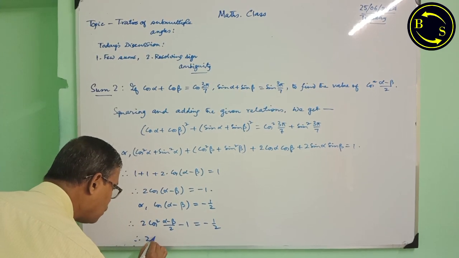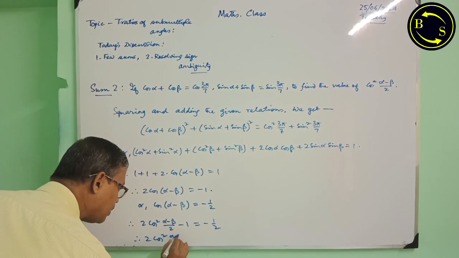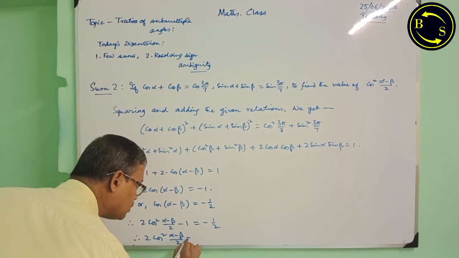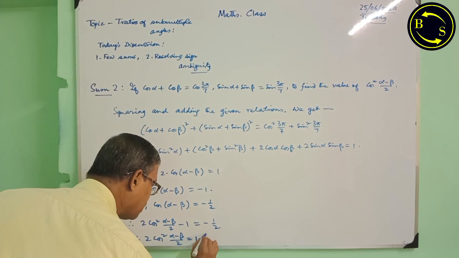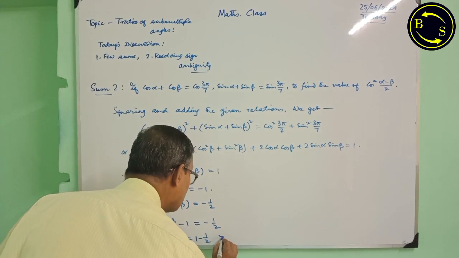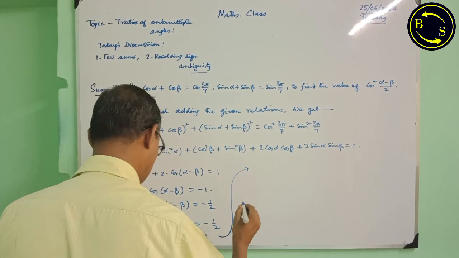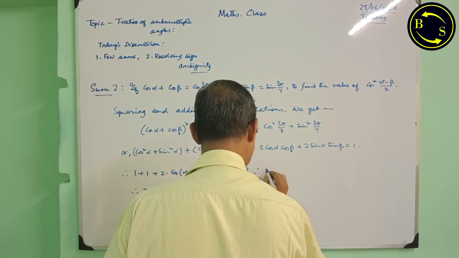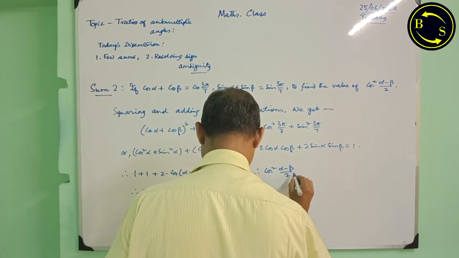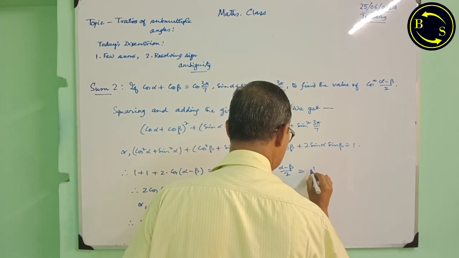Therefore 2 cos square alpha minus beta by 2 is equal to 1 minus half, therefore cos square alpha minus beta by 2 is equal to 1/4.